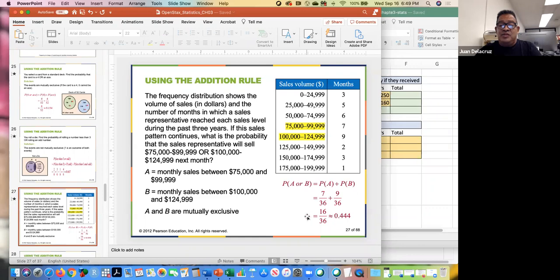So the question is, what is the probability that one or the other will occur? There is a 44.4% chance, right? Remember, in this case we are treating these as mutually exclusive events, and then we are using the addition rule.